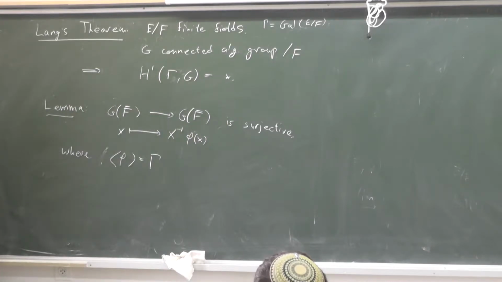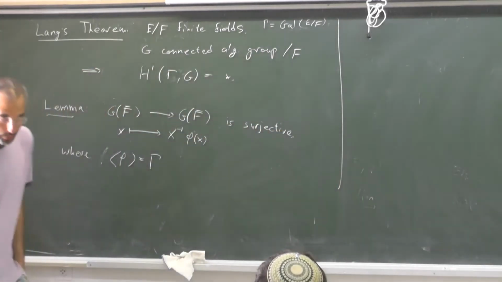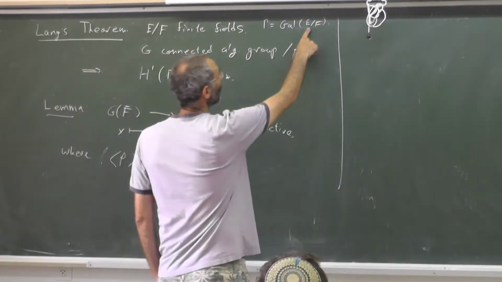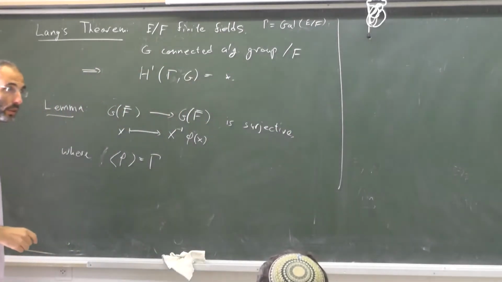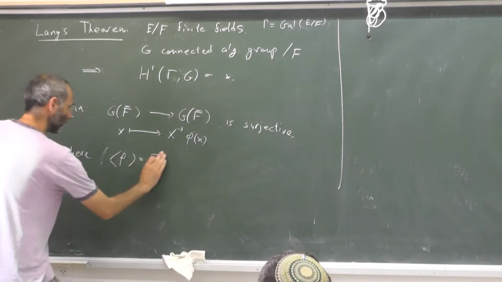G is the algebraic group. Gamma is the Galois group of E over the closure. There is no E in this statement of the lemma.